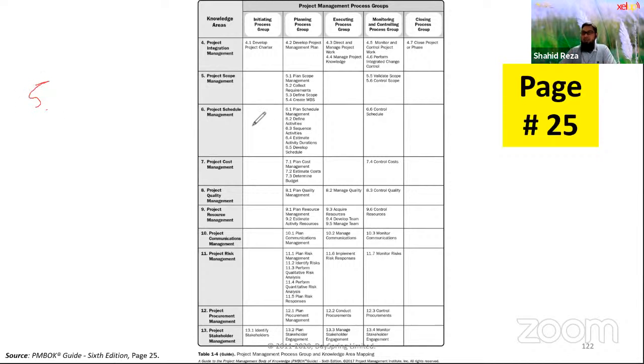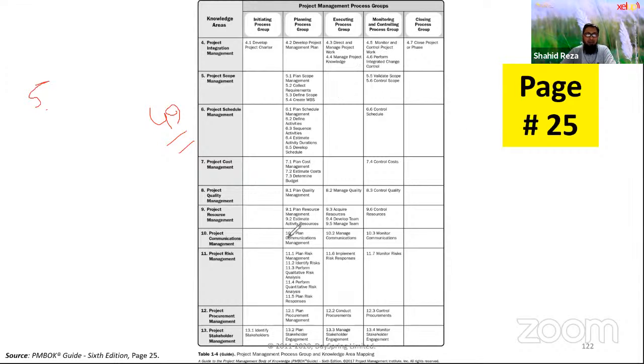Number 5 concept is that these 49 processes are not mandatory for every project. What does it mean? PMBOK is promoting that you have to be process oriented, but it is not required that in every project you will have to use all these processes.